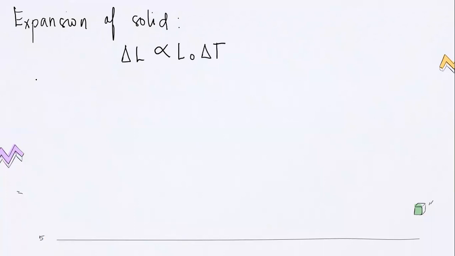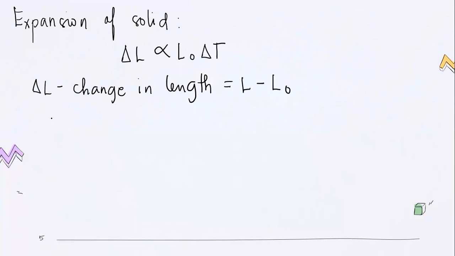Therefore, delta L is the change in length, which is equal to the final minus the initial length. Delta T is the change in temperature, which is equal to the final temperature minus the initial temperature.